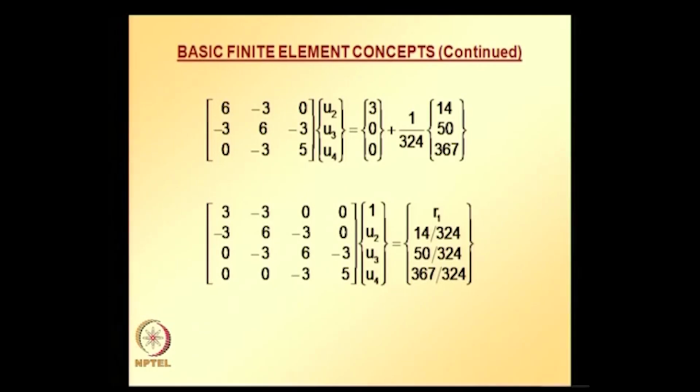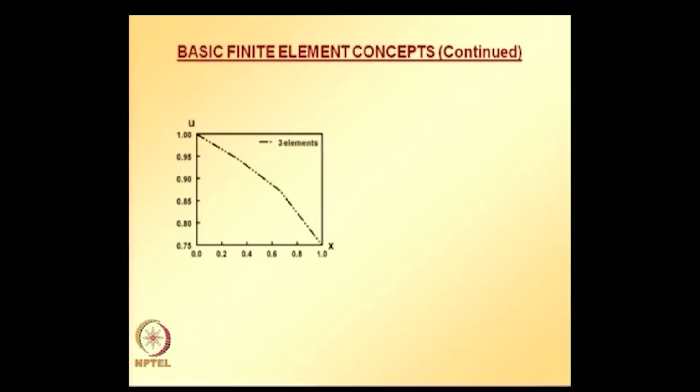So, you can use either of these techniques to solve for u2, u3, u4, and if you solve in either way you get these values. And then what you can do is, once you get the nodal values, you go to each element and do post processing, find the approximate solution and the derivative of the approximate solution.